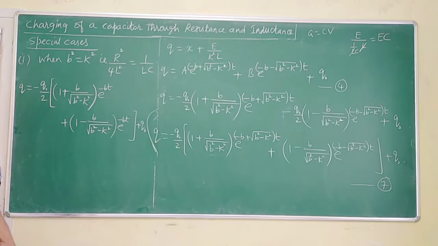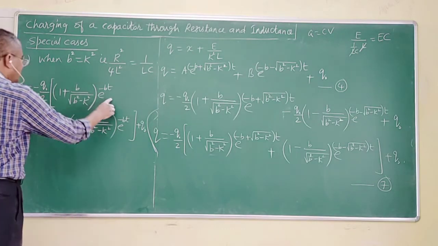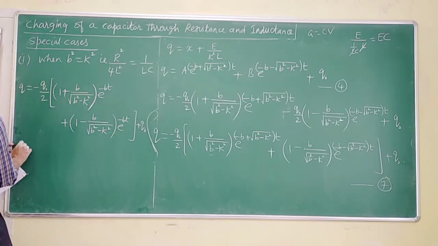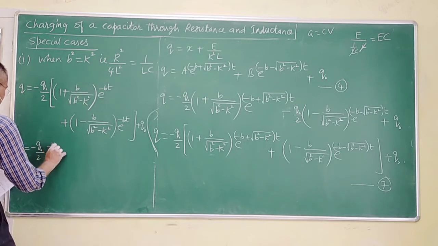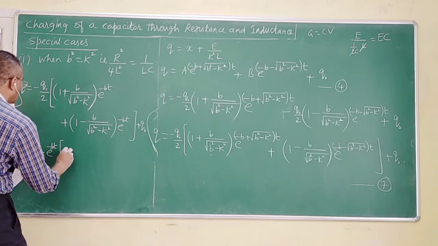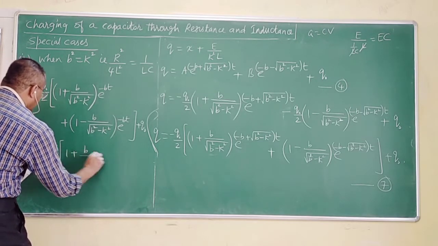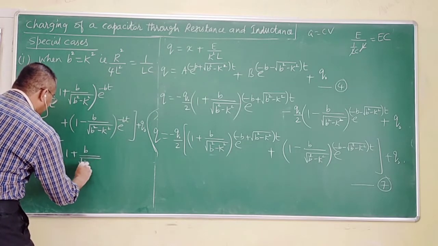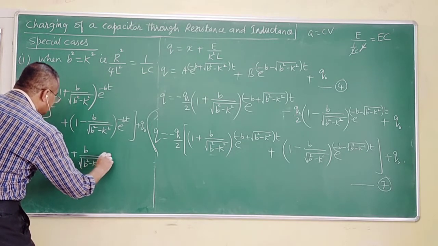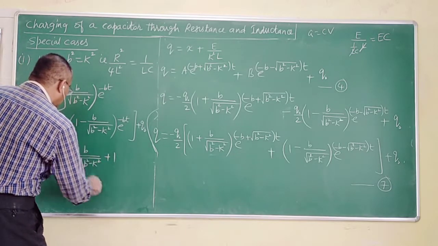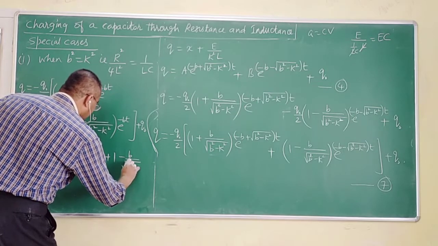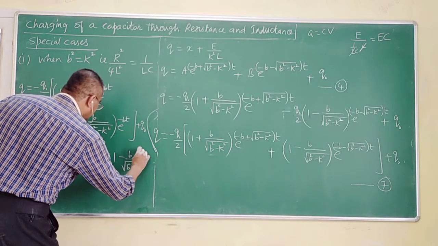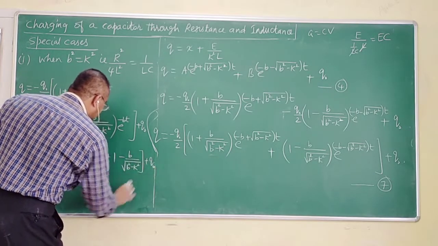Now, e power minus bt is common, and can be taken out. Therefore, this becomes q is equal to minus q naught by 2 e power minus bt, bracket open, 1 plus b by under root of b squared minus k squared plus 1 minus b by under root of b squared minus k squared, bracket close, plus q naught.